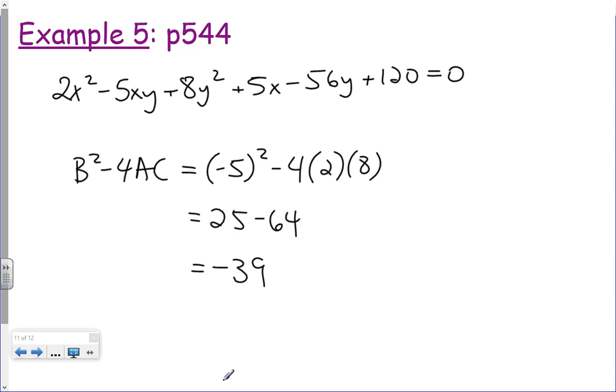And that is definitely less than 0. That's negative. And we just said earlier that if that quantity is less than 0, then I've got two options here. This could either be the circle or it could be the ellipse. You've got to be careful not just saying it's the ellipse. If it's going to be the circle, that means that b has to be 0, which it's not, and a and c have to equal each other, and they don't.